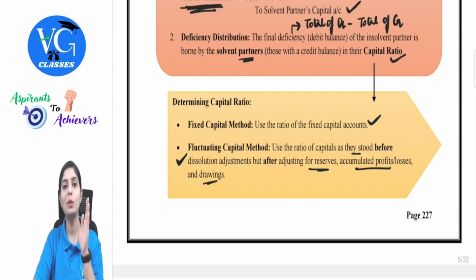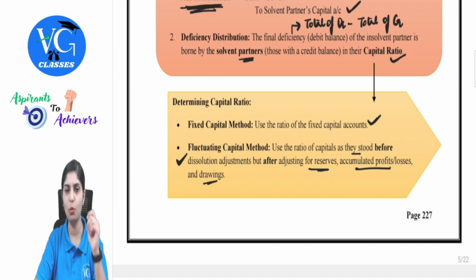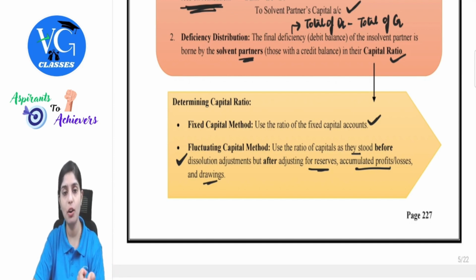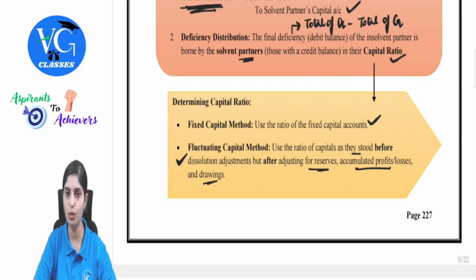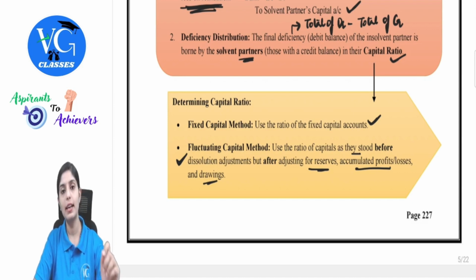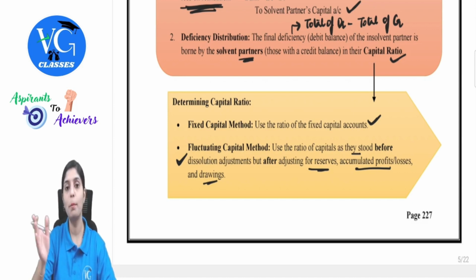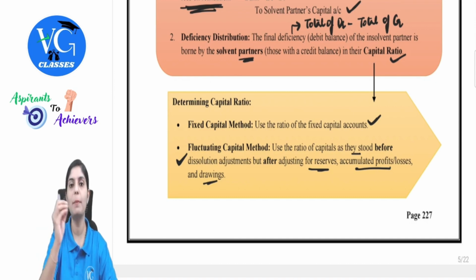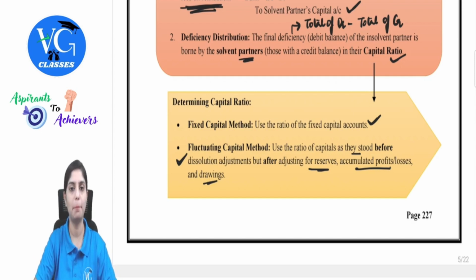So you will take the capital balances before any dissolution adjustment. What are dissolution adjustments? Anything that happens with realization, that is, any partners taking over assets or paying liabilities, paying realization expenses; all these are dissolution adjustments. So before all of these, whatever balances are available, we will consider the ratio on that basis.